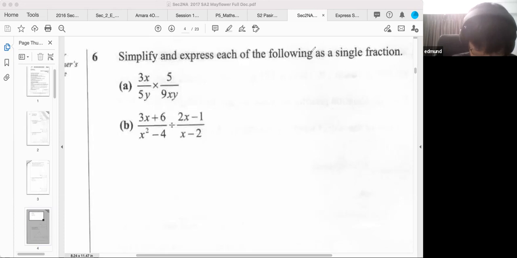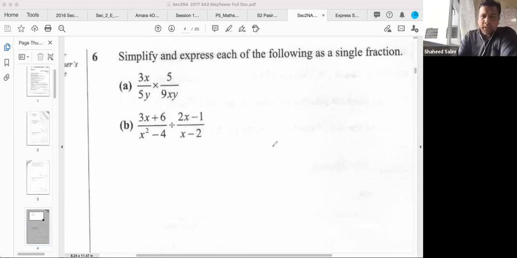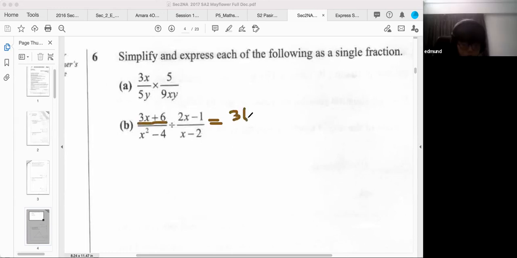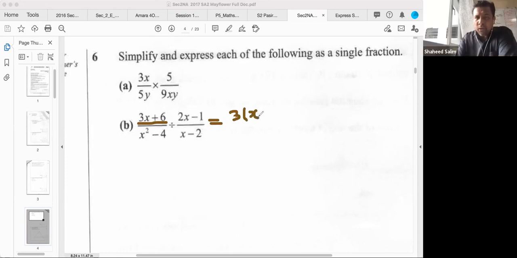3x minus 12 over 2. Okay, so we go through one by one. Did you factorize this one by taking out the 3 first? Whatever you can factorize, you try to factorize, so this one becomes x plus 2. Below here, you must also factorize. Remember, it can be square rooted.